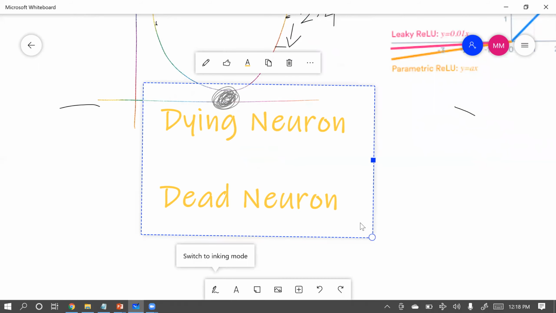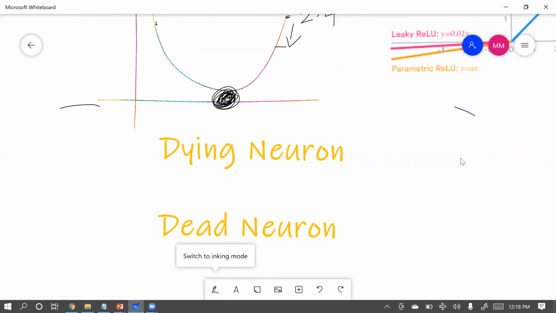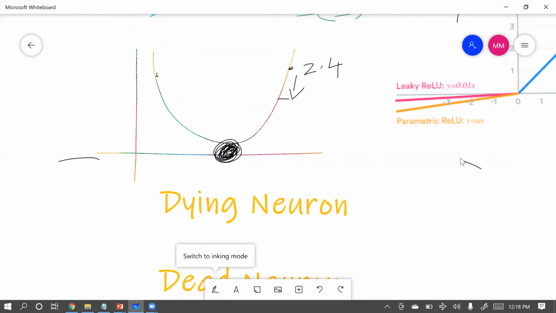That problem is nothing but the weights we calculated being the same as the old weight itself. That means the new weight and the old weight are both the same, then there will be no movement of the neuron to meet this global minimum point.